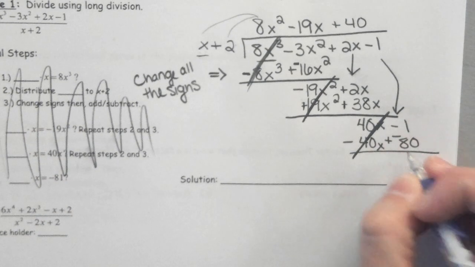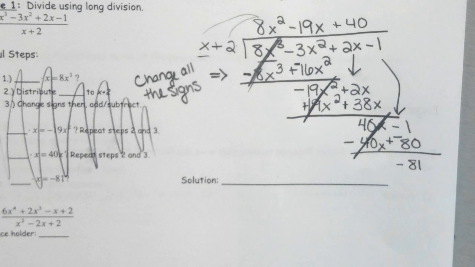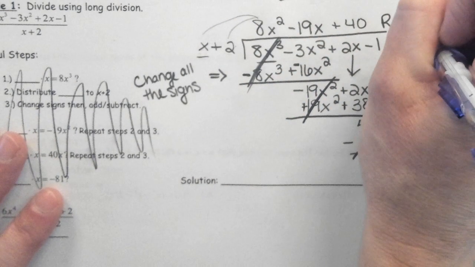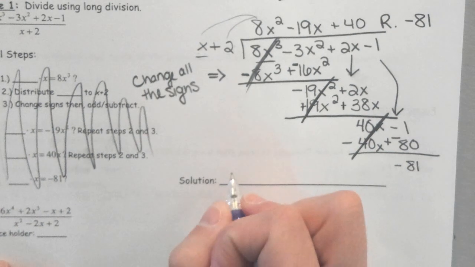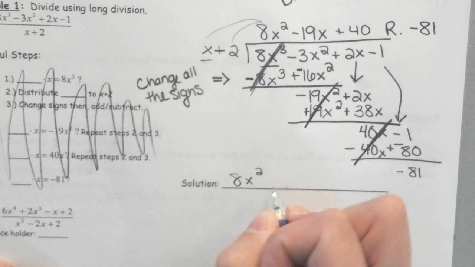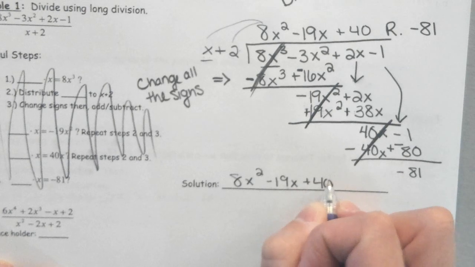Alright, negative 1 minus 80 more is negative 81. So that is my remainder. So I'm going to show you how to write that. So my remainder is negative 81. Now, here's how we write our answer. My answer is 8x squared minus 19x plus 40.